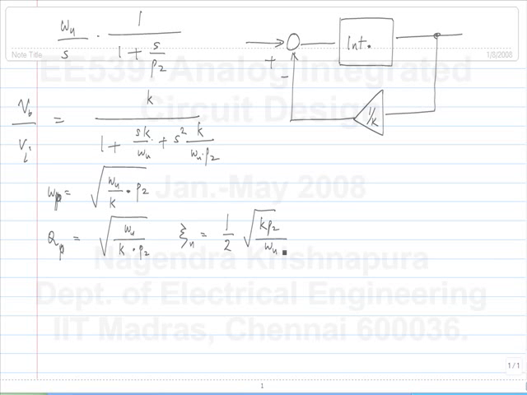Okay. So, when do you get critically damped response in the time domain? It happens when the quality factor Q is half or the damping factor zeta is 1.